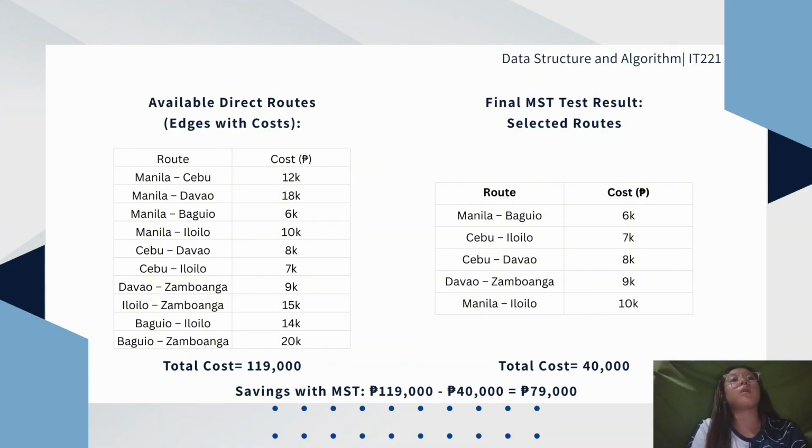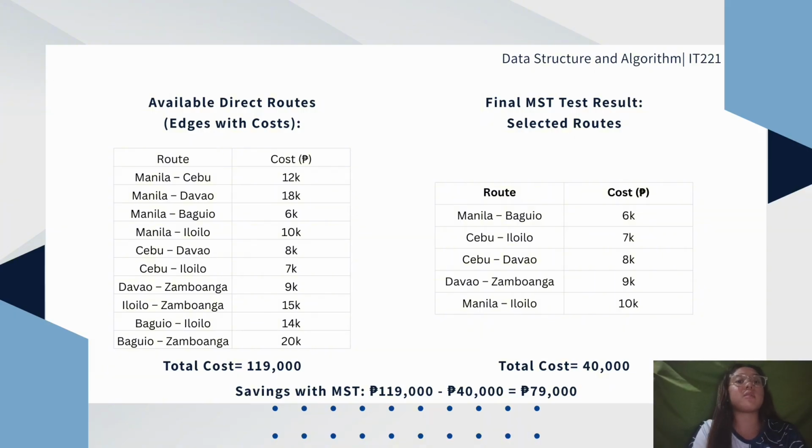So, using Kruskal's algorithm to find the minimum spanning tree for the travel routes between cities significantly reduces the total travel setup cost. While the original network includes all possible routes with a combined cost of 119,000, the MST selects only the essential routes that connect all cities without creating cycles, lowering the total cost to 40,000 pesos.